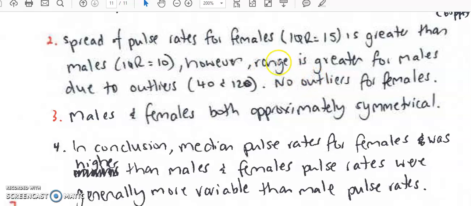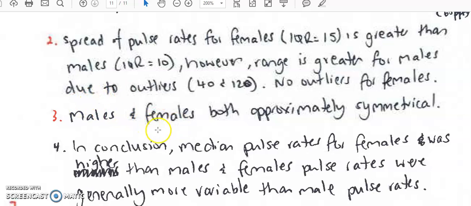It's a good thing to also talk about the numerical values for the range. I just put in the IQR being 15 and 10. Talk about what the actual value of the range is for both the males and females, and you can draw that comparison. You want to talk about how symmetrical the box plots are, and both of them are approximately symmetrical.